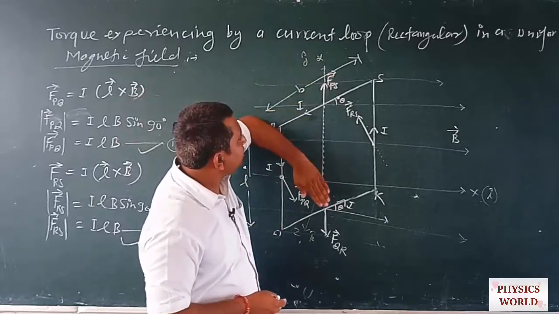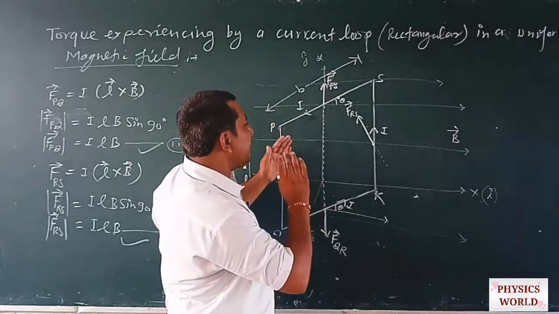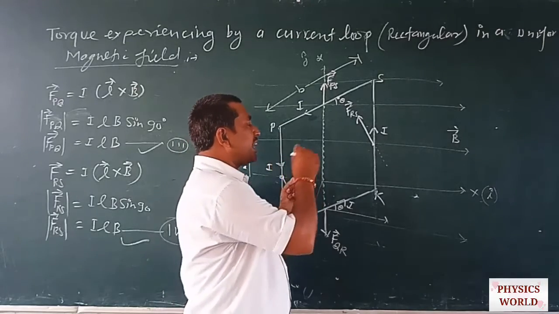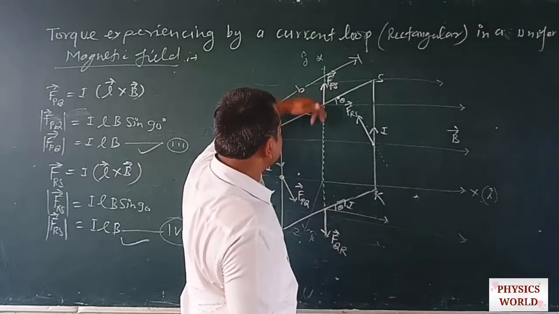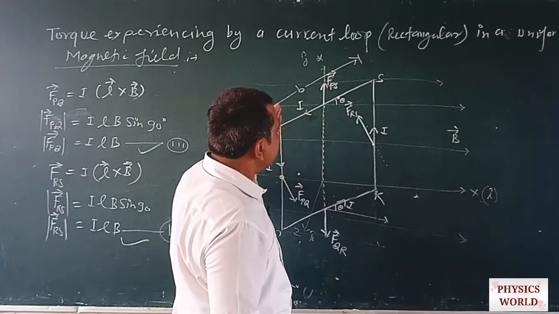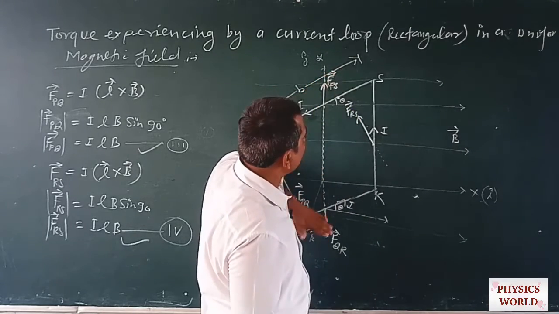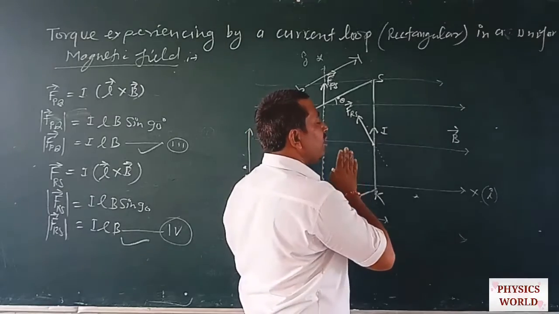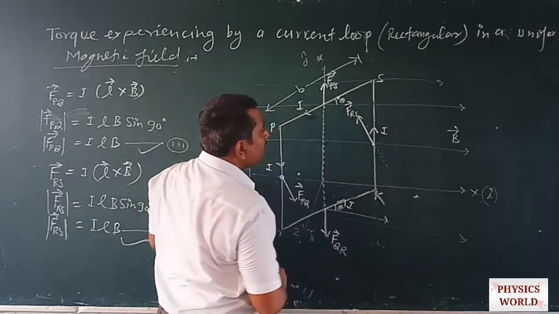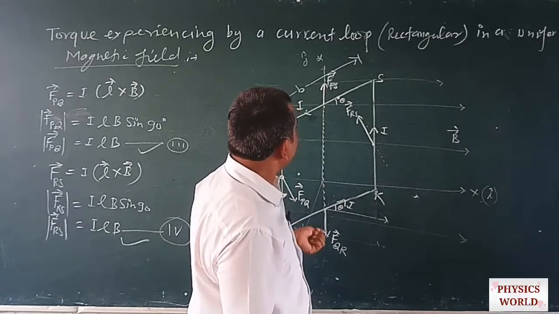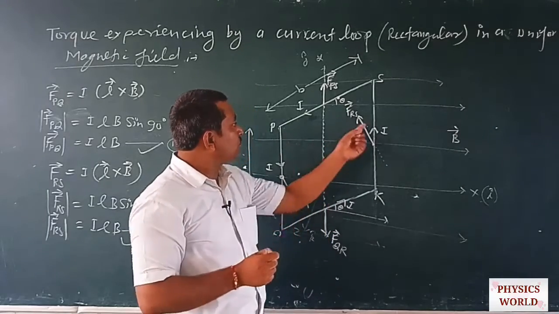When we rotate this coil with respect to the direction of the magnetic field, the distance between the lines of action of the forces decreases continuously, and when the plane of the coil becomes parallel to the direction of the magnetic field, that is, the perpendicular direction of the plane of the coil becomes along the direction of the magnetic field, it means when this angle becomes 90 degrees, then at that time both these forces coincide with each other.